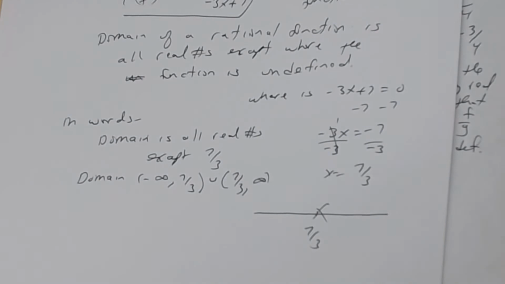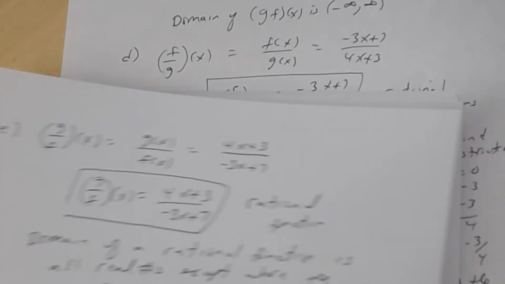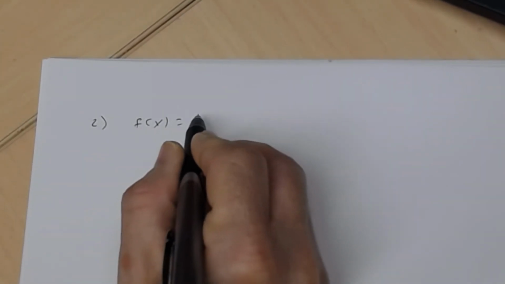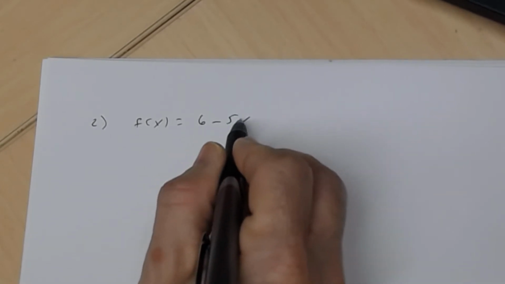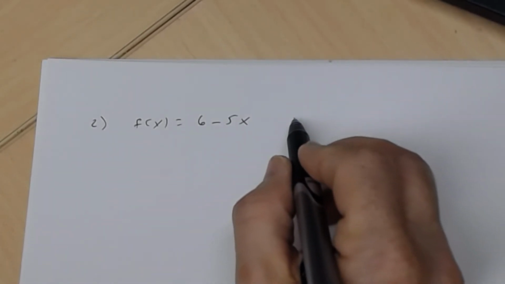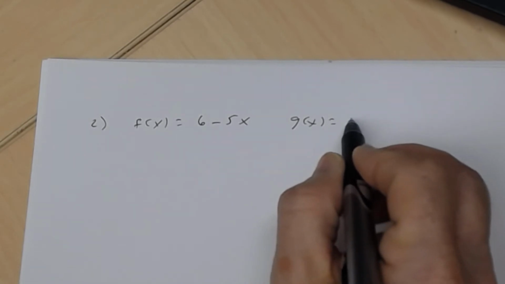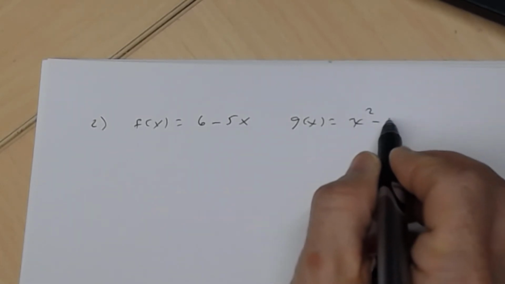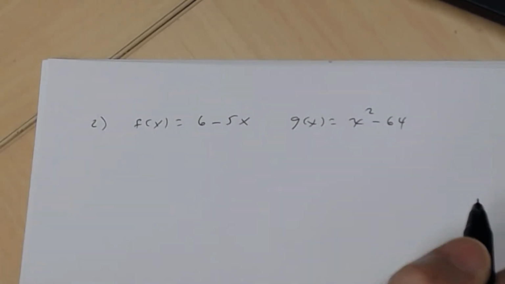Let's look at this next example. All right, suppose we had this. That would be number 2. All right, suppose in number 2, I had f of x is 6 minus 5x, and g of x, let's say, is x squared minus 64. Okay?